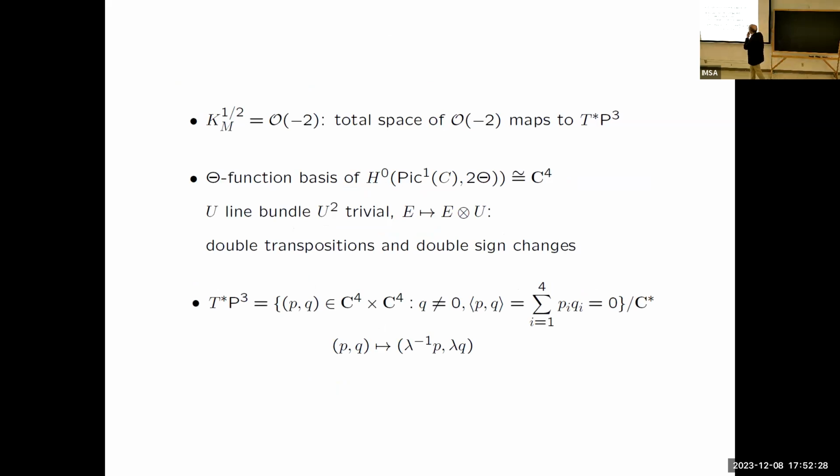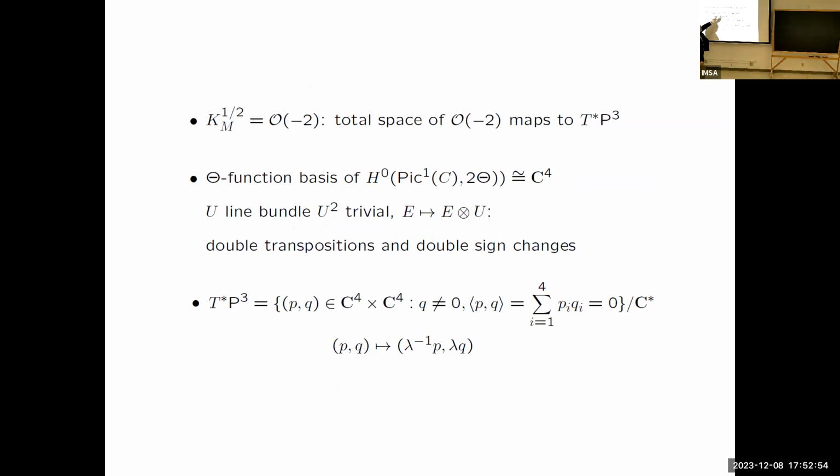Okay. So if you choose a basis, there's a nice basis you can choose in terms of natural basis of theta functions. And then what we have is this action of line bundles of order 2 given by tensoring. Tensoring with a line bundle of order 2 doesn't change the top exterior power.